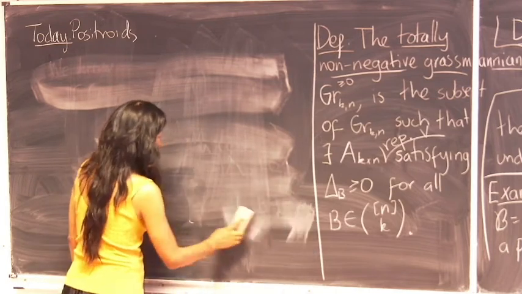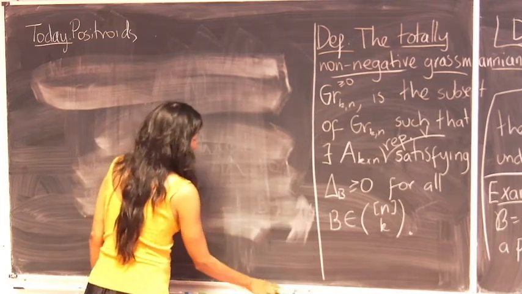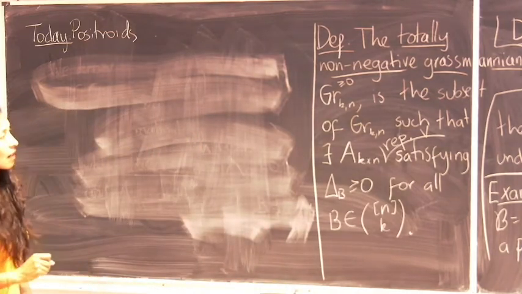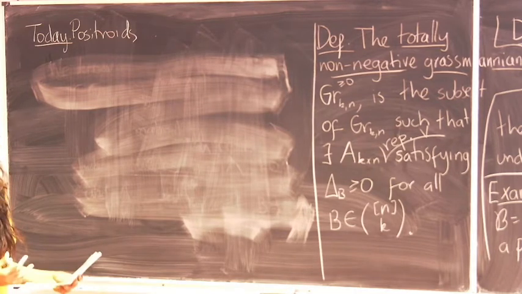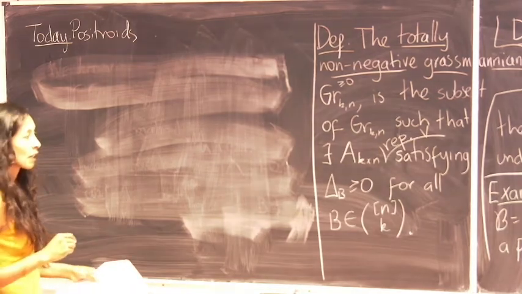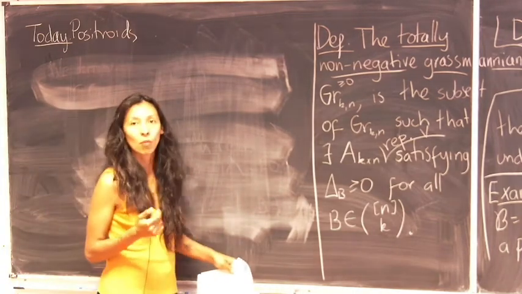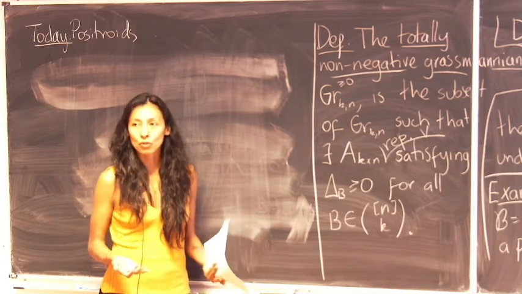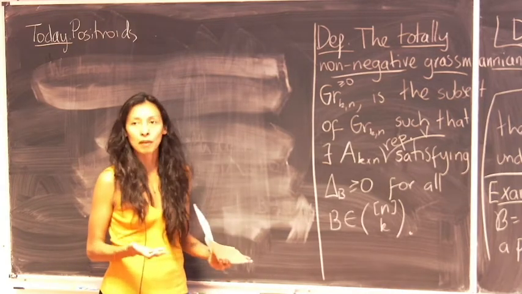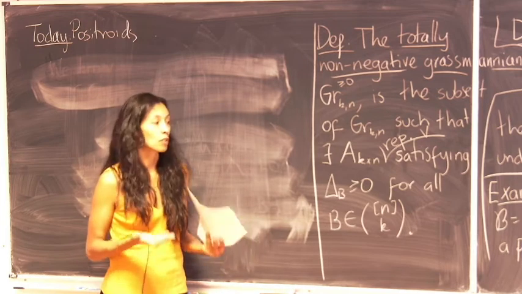So actually, this definition I have given you of positroids. Positroids have a very, very rich combinatorics, and part of their combinatorics is what I want to illustrate to you and show you how it can be used to prove properties about them and to prove that a given matrix is or is not a positroid.